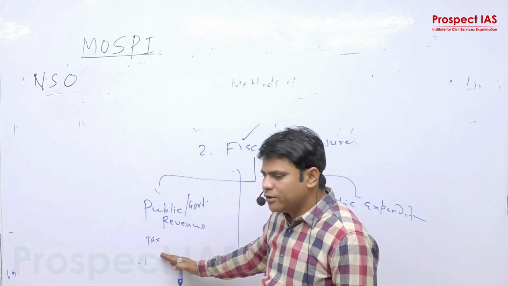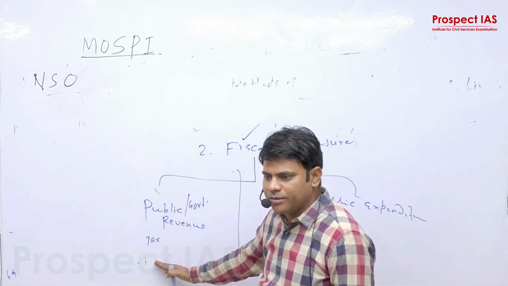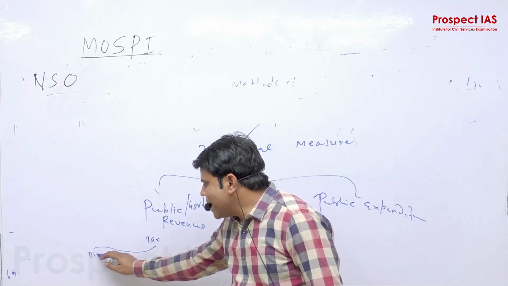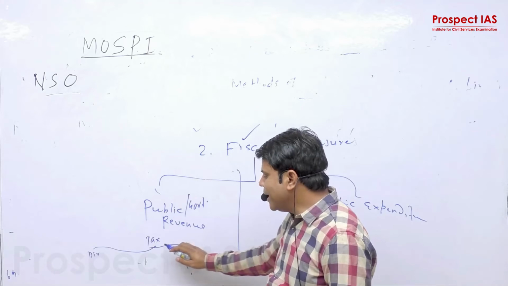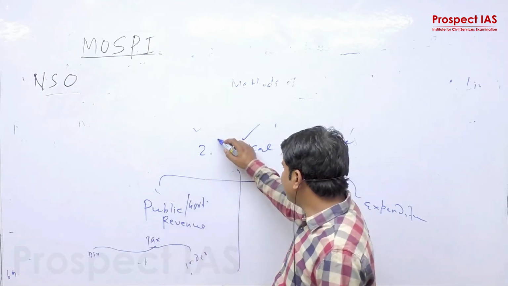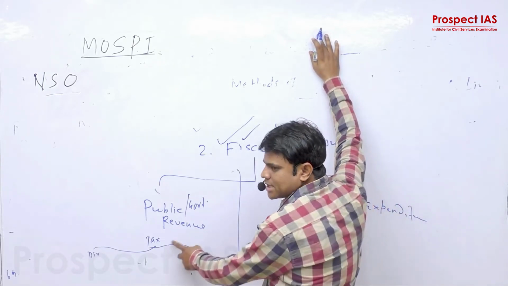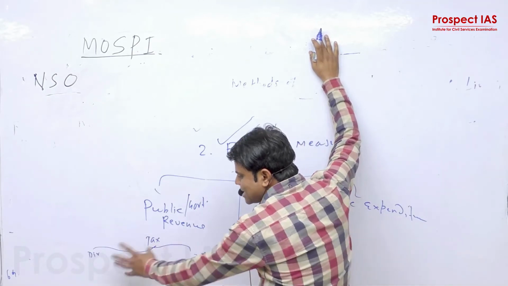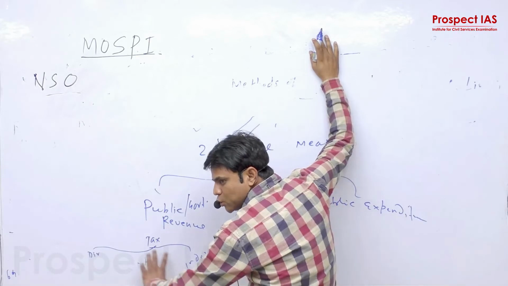But before that, you must be knowing that there are two kinds of taxes prevailing in any of the economies, right? And those taxes are direct tax and indirect tax, है ना? So basically we have two kinds of taxes, and under fiscal measures, the government brings about changes in its revenue or taxation policy. And since taxation are of two kinds, the government may bring about changes in these two kinds of taxation.